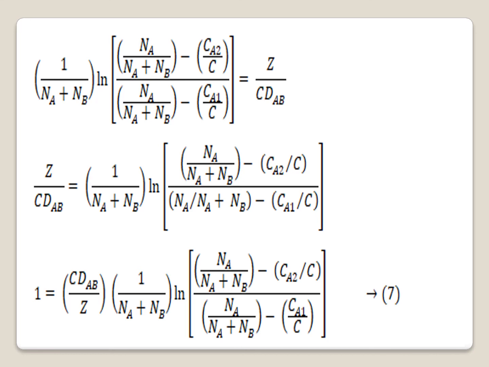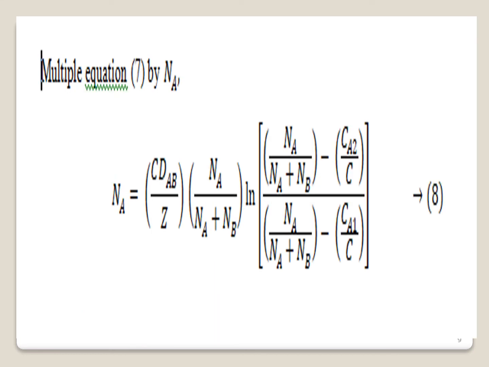Multiply and divide by z by C into DAB, they cancel, so finally we get 1. This is the LHS. On the RHS, this value goes to this side: C DAB by z. So 1 by (NA plus NB) ln of (NA divided by (NA plus NB) minus Ca2 by C) whole divided by (NA divided by (NA plus NB) minus Ca1 by C). This is the seventh expression.